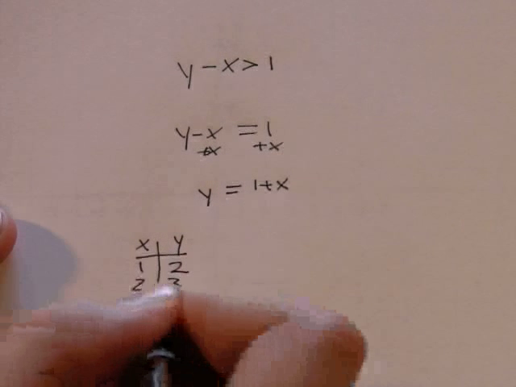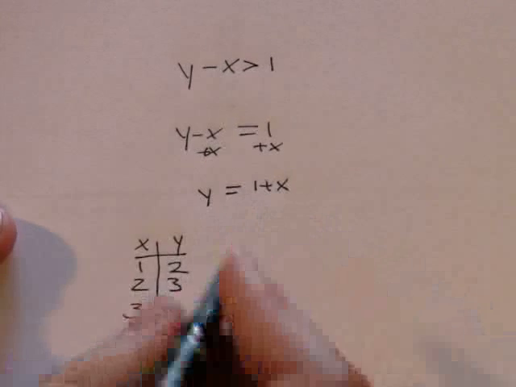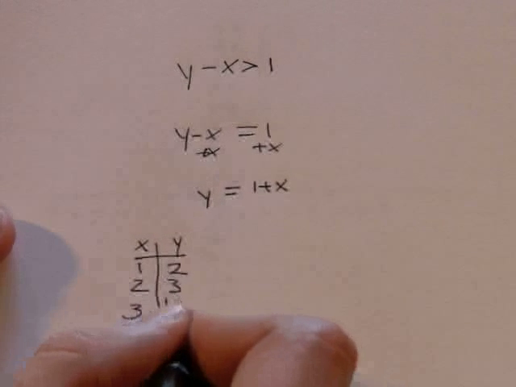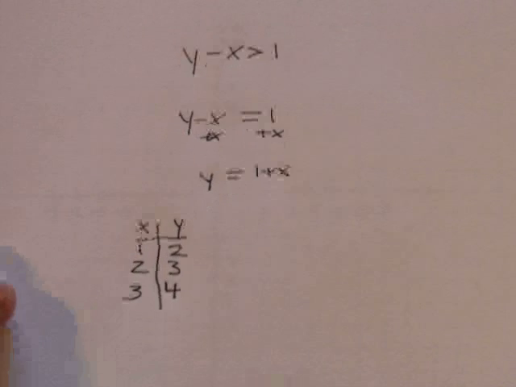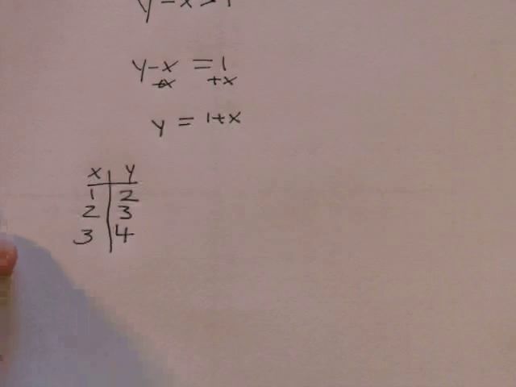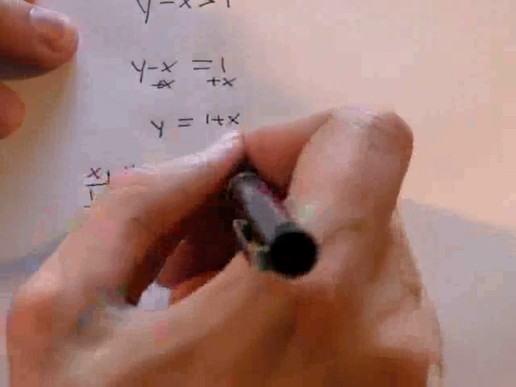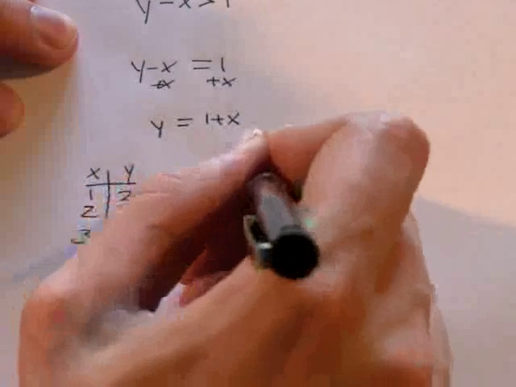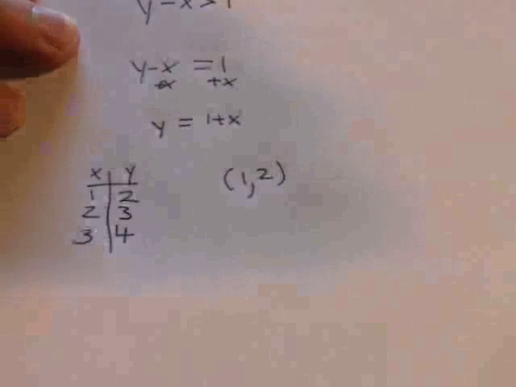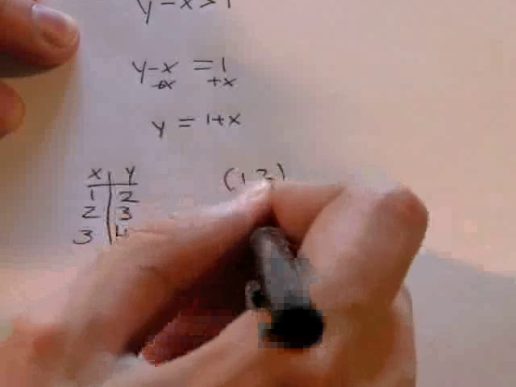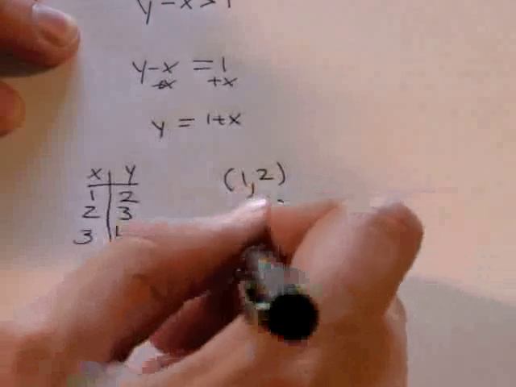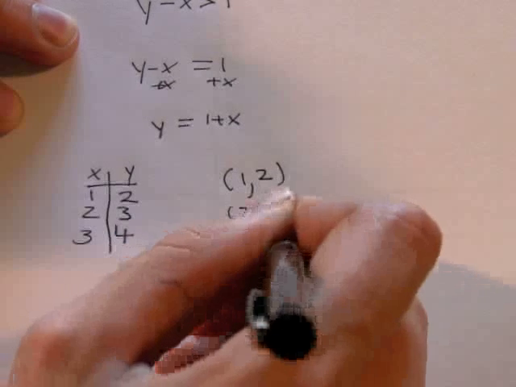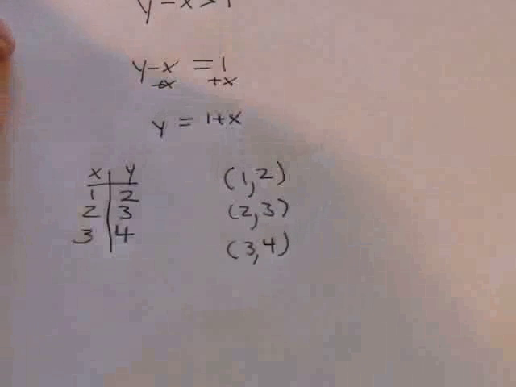And when x is 3, plus 1, y is going to be 4. Now we've figured out ordered pairs. Let's go ahead and write them out in mathematical notation. So one of them is going to be (1, 2), (2, 3), and then (3, 4). These are your ordered pairs.